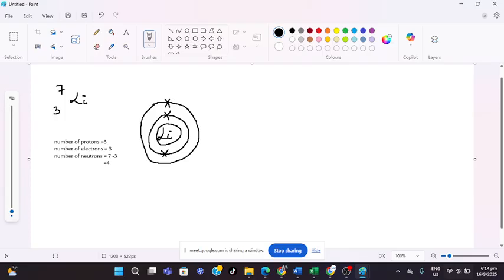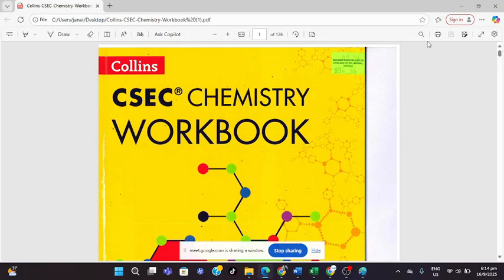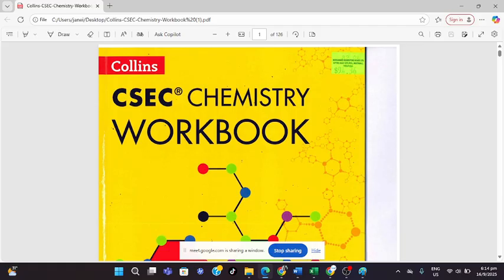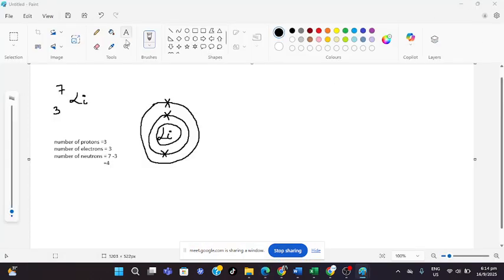Now, looking at fluorine. Fluorine is going to look like this. It's going to be 19, and it's going to be 9.